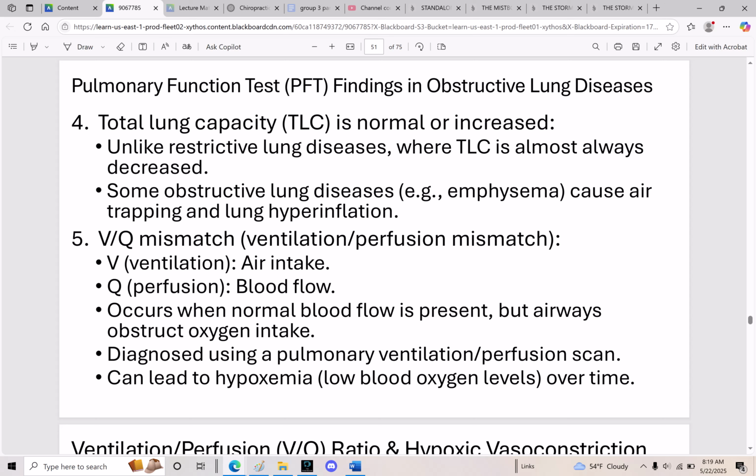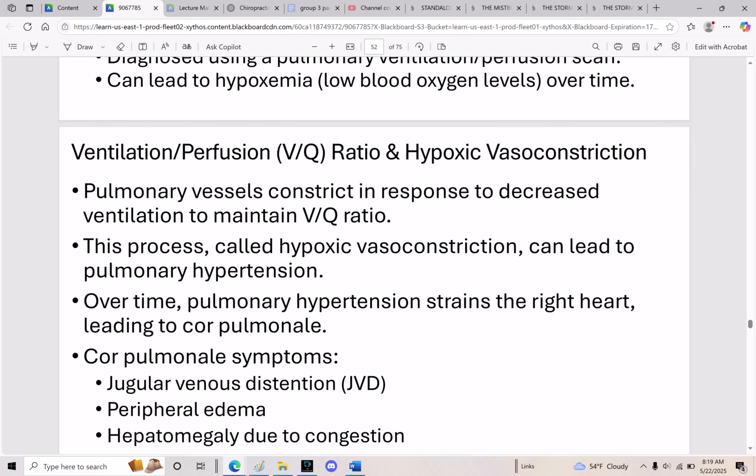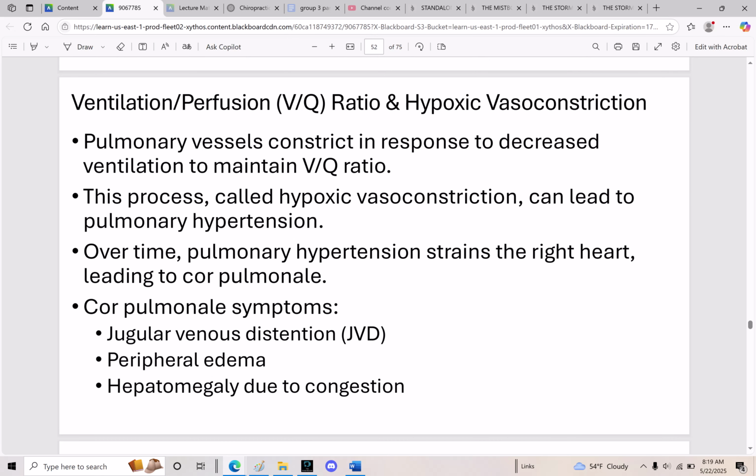I'm going to go to another part of the lung where I'm going to enjoy a tremendous amount of oxygen. That's physiology. This is called hypoxic vasoconstriction. Hypoxic vasoconstriction is when the blood vessels or the capillaries in the lungs vasoconstrict to divert the blood to areas where you have an abundant amount of oxygen.